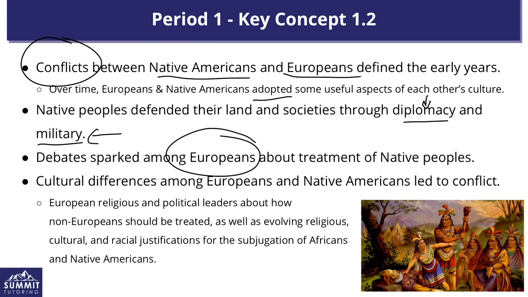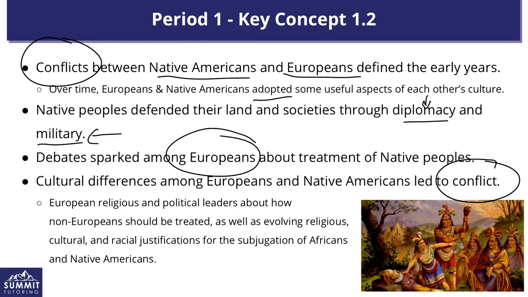Some of them totally agreed with the treatment of Native people, and some of these Europeans thought it's time to treat them fairly and with respect, just like they do to one another. We're going to see these cultural differences among Europeans and Native Americans lead to even more conflict.